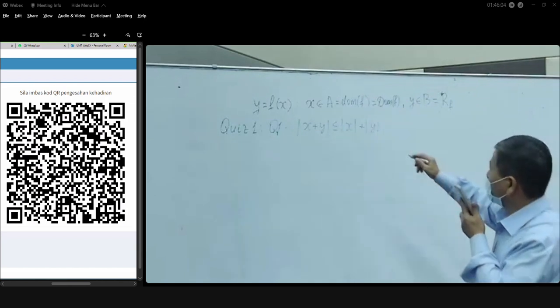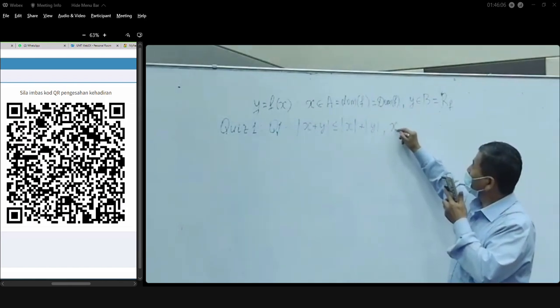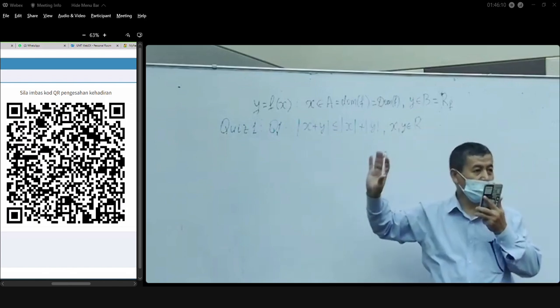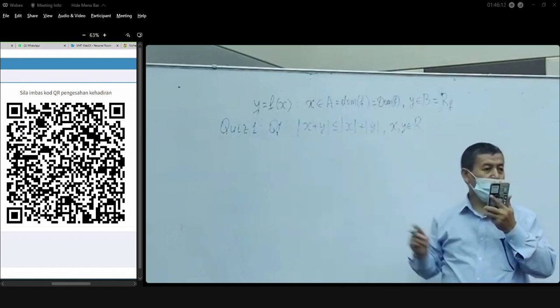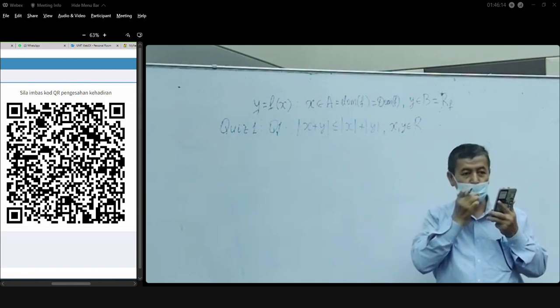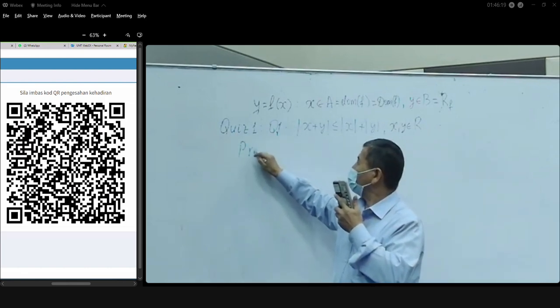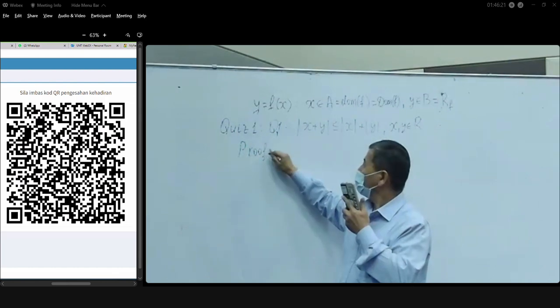Okay, if you remember, for any x, y from R, positive, negative, doesn't matter, this inequality holds. How to prove it? Many students actually proved it wrong.